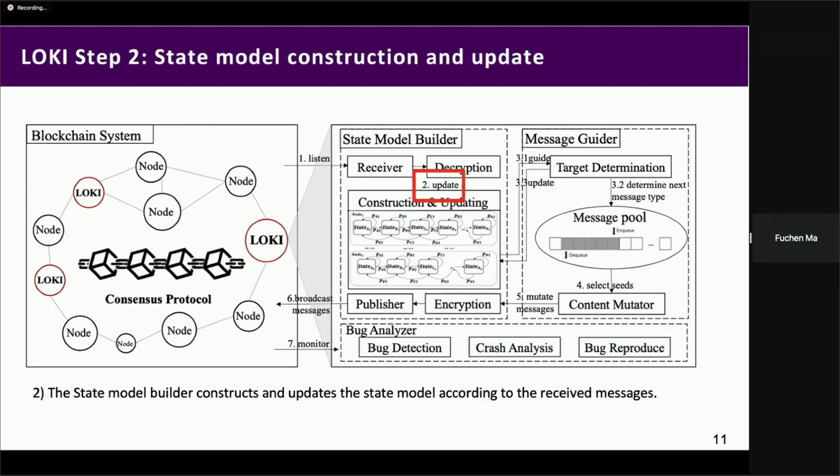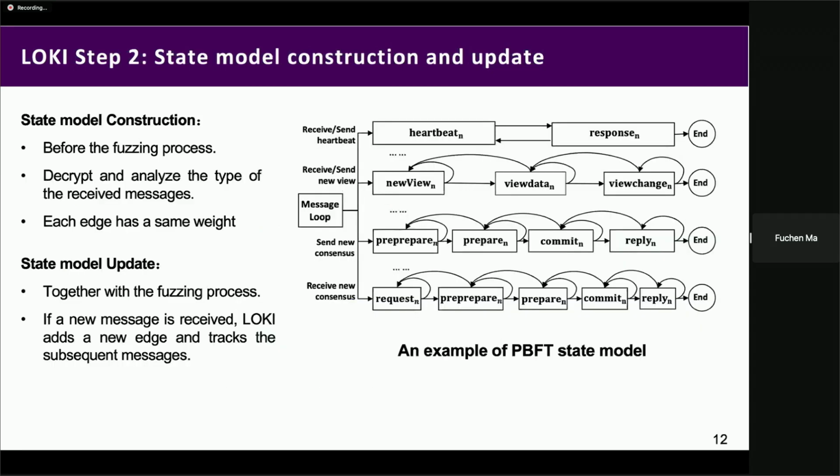For the second step, LOKI will analyze the type of the received message and construct and update a state model. Here we give the details of state model construction and updating. At the very beginning, LOKI will not just start the fuzzing process. In this duration, LOKI decrypts and analyzes the type of the received messages and then constructs the initial state model.